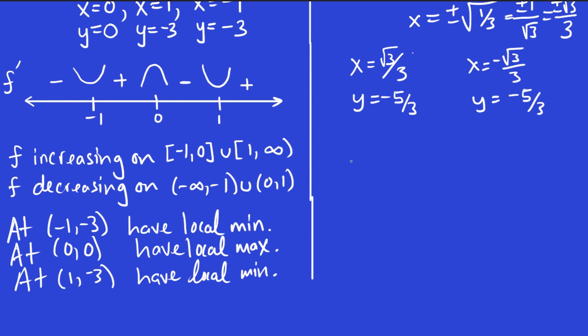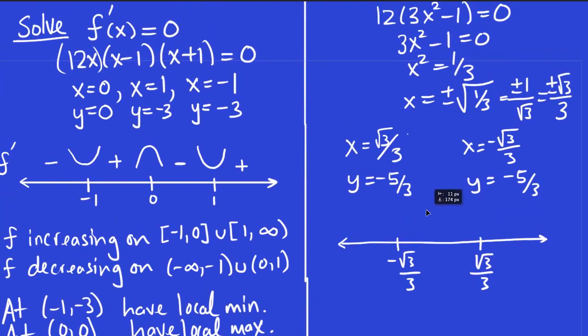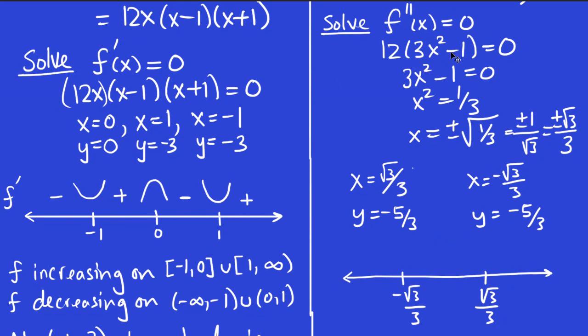Let's make a little chart now, just like we did before. We got minus root 3 over 3. We got root 3 over 3. And our second derivative is right here. If we think about it, any number here, if I put that in the second derivative, it'll be positive.